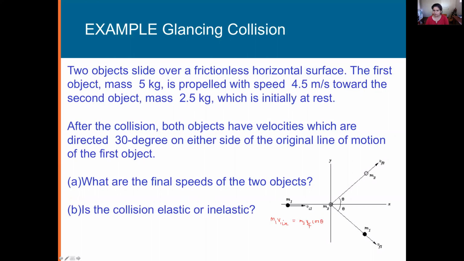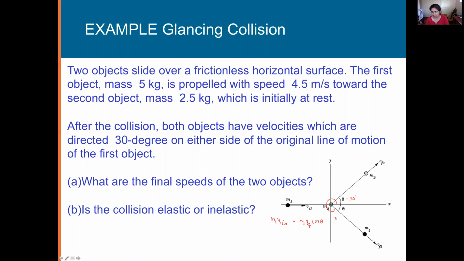So I'm going to use the system where I'm measuring from the positive x direction counterclockwise. This angle we already know is given to us as 30 degrees. And this angle is also 30 degrees, which means this entire angle for this one from the positive x direction counterclockwise is going to be 360 minus 30.